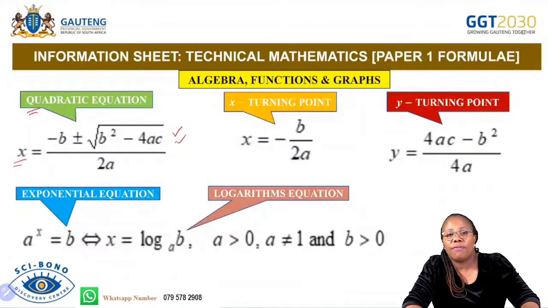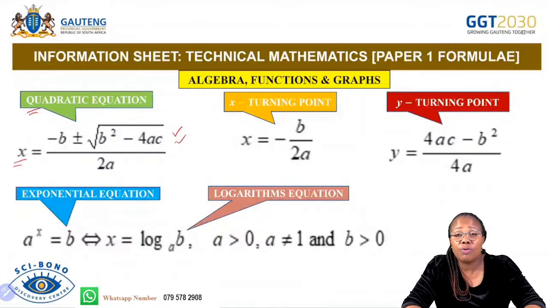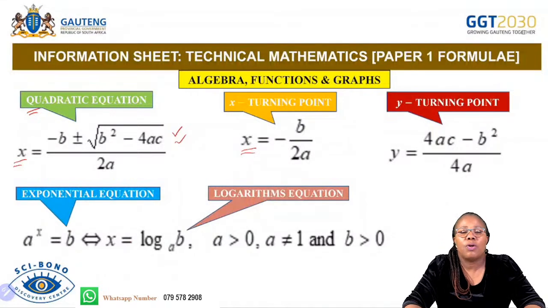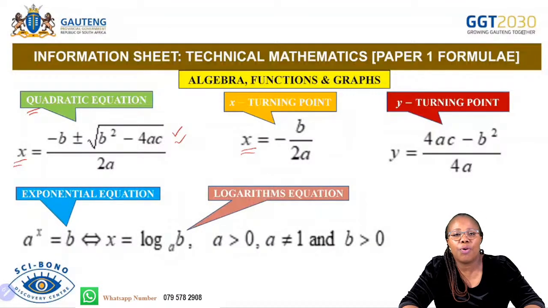Then we have another formula, x equals minus b over 2a. Grade 12, we use this formula when looking for the x turning point of a quadratic equation.